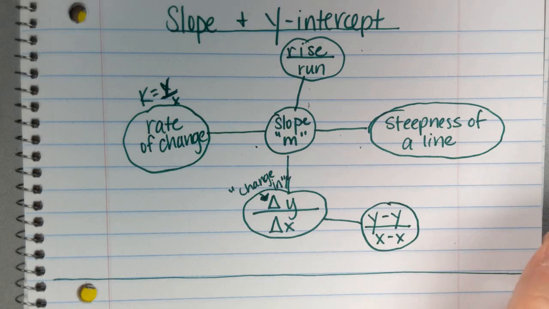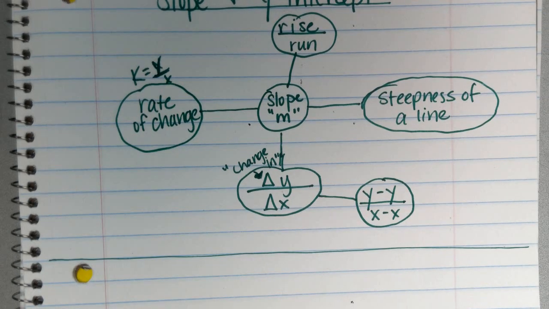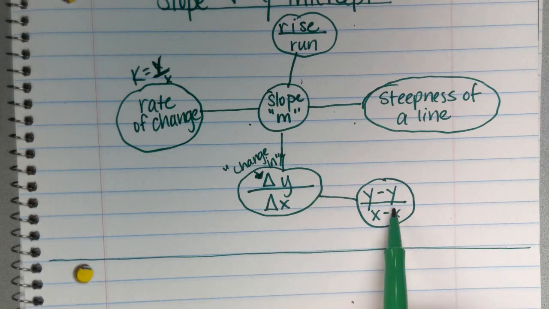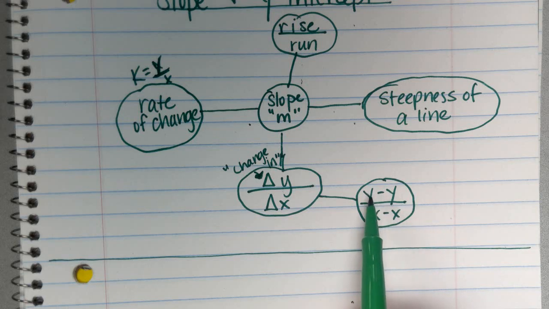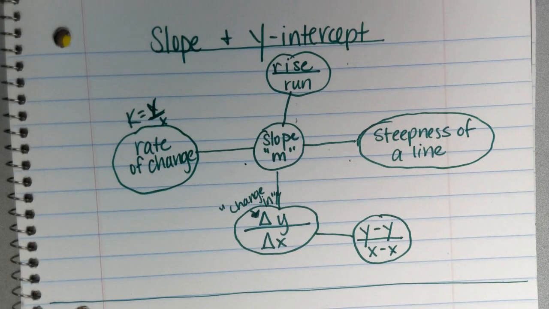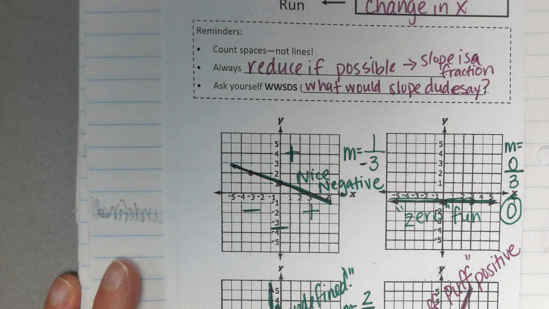It goes right along with change in y over change in x. So what this means is, if you have two points, you take your two y values and subtract them, and then your two x values and subtract them, and that will give you the slope of a line. Okay?